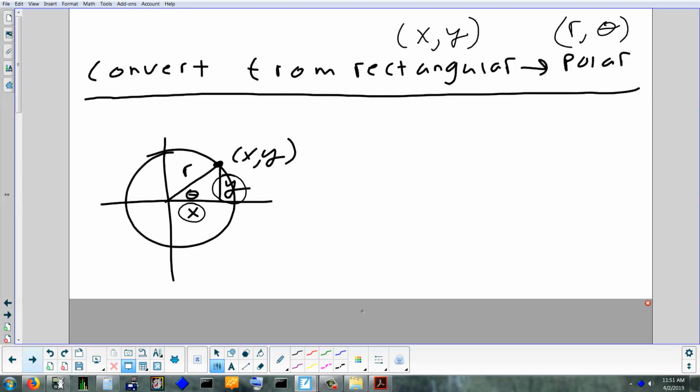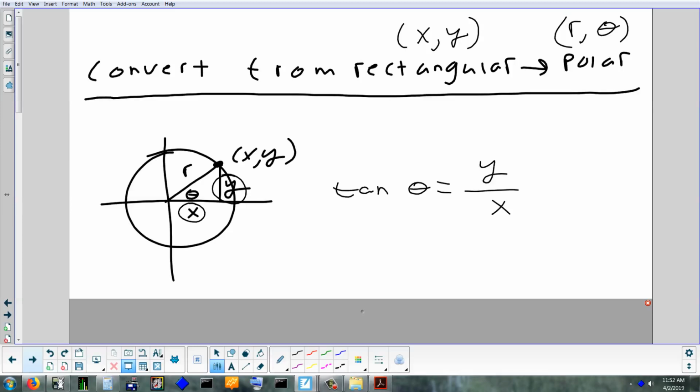From the perspective of theta, yeah? Tangent. So if I set that up, tangent would equal what over what? Opposite over adjacent. Y over x.